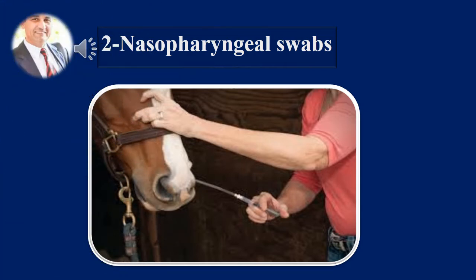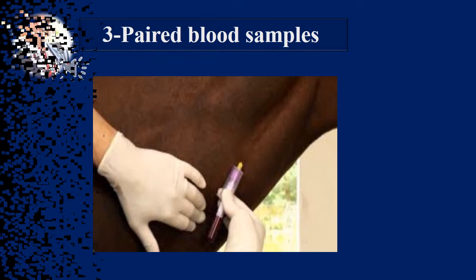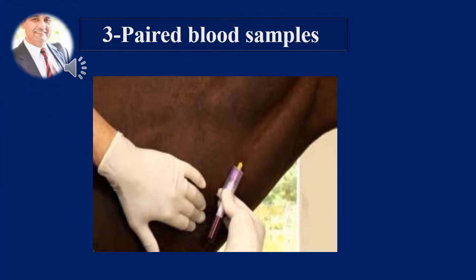Going deep gently, take nasopharyngeal swabs from diseased animals. Blood samples are collected from diseased horses. The first samples are used for isolation of the virus. The second, we will detect the titer of immunity in the sera of diseased animals.